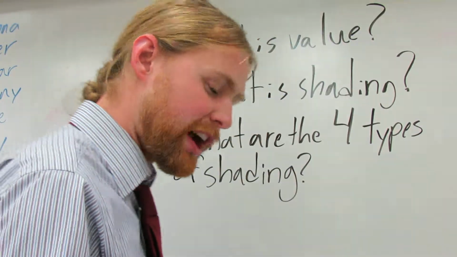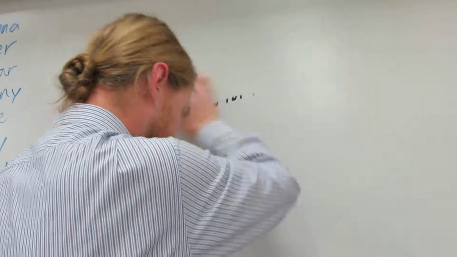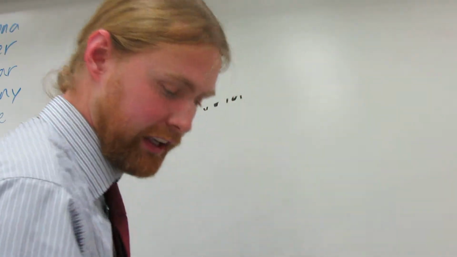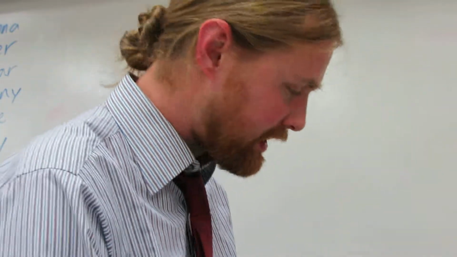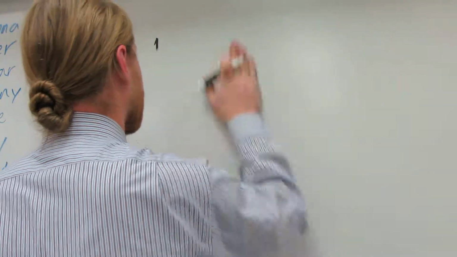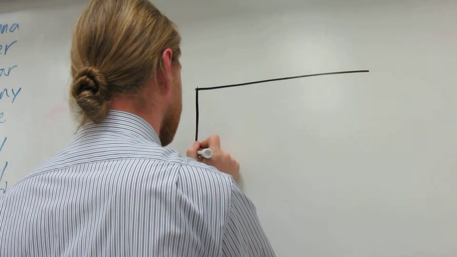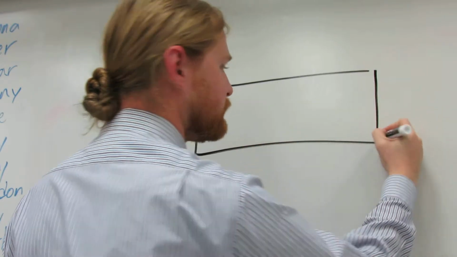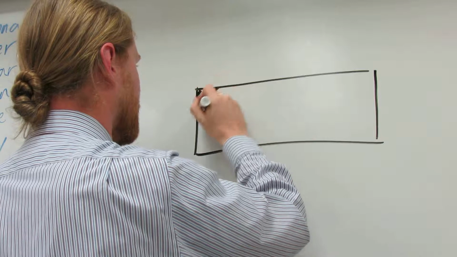So I'm going to try to show you an example. Well, I can't really show you blending, but I can show you hatching and cross-hatching. So with hatching and cross-hatching, you've got some rectangle here. All right, and let's say right here, I'm going to make it very, very dark. So I'm drawing lines.